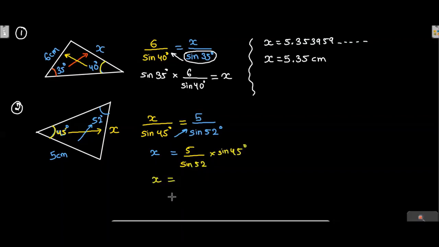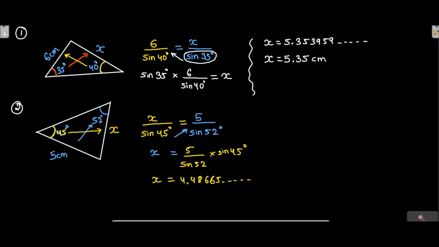You can divide 5 by sine 52 first. Got the answer. Now press multiply, and then sine 45 degree. I'm getting on my calculator 4.48665 dot dot dot. It's important to mention the dot dot dot because it indicates that the number does not stop there.